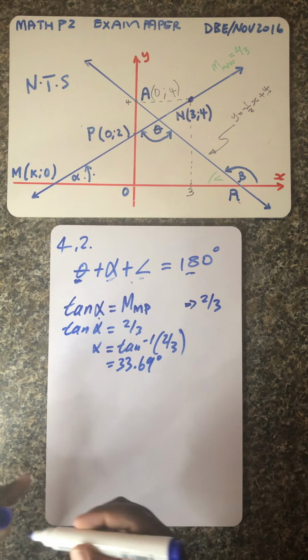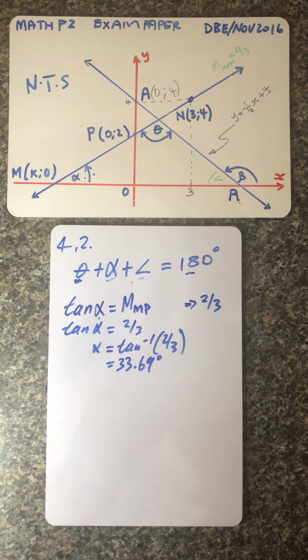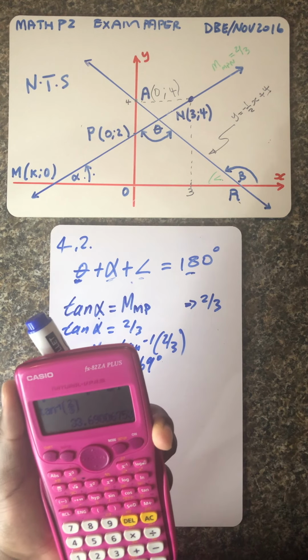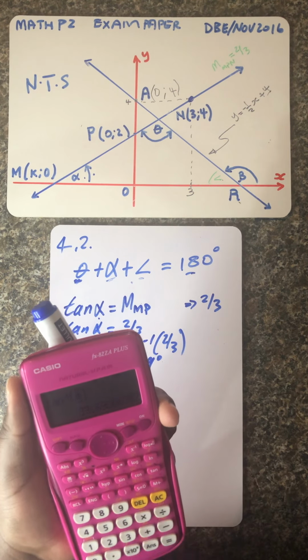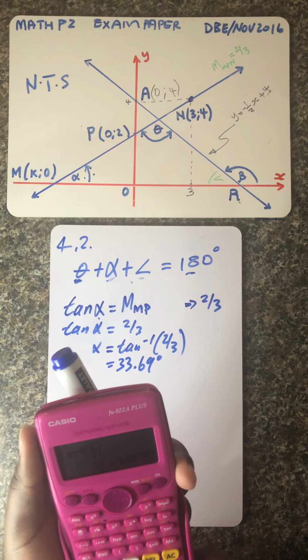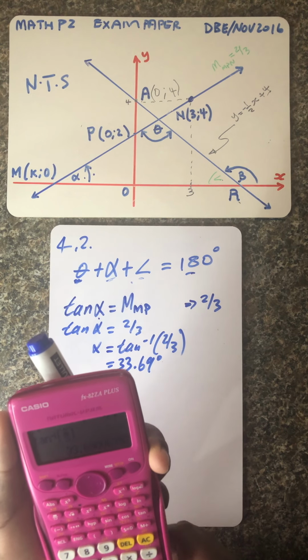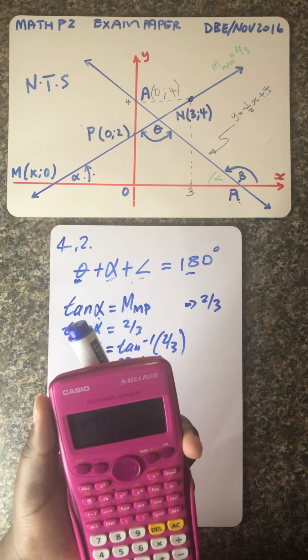33.69 degrees. Guys, another important thing that I want you to notice: at all times, especially when you're writing paper 2, make sure that your calculator is in degrees. Okay, because otherwise if you have it in grad or something else, it might lead you to the wrong destination.